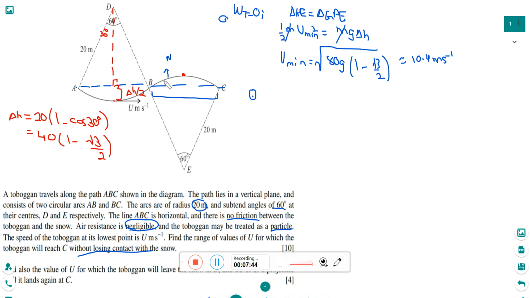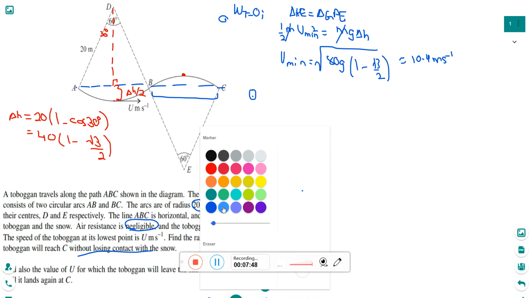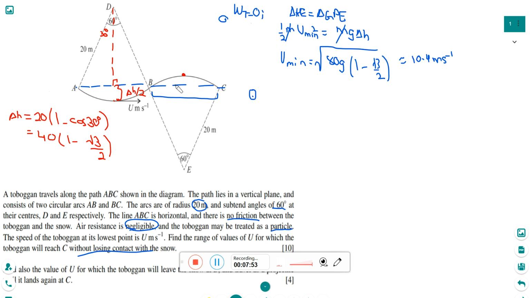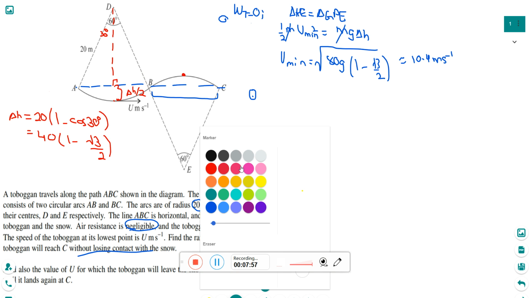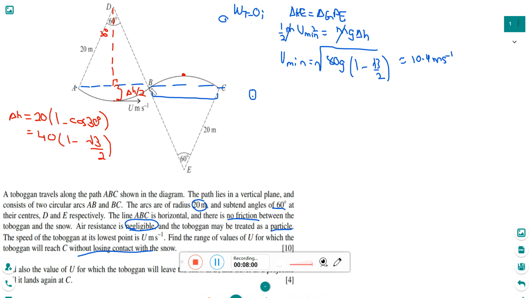Equating at B the centripetal force, we'll use another color here. Here is the centripetal force, and here is the vertical component.